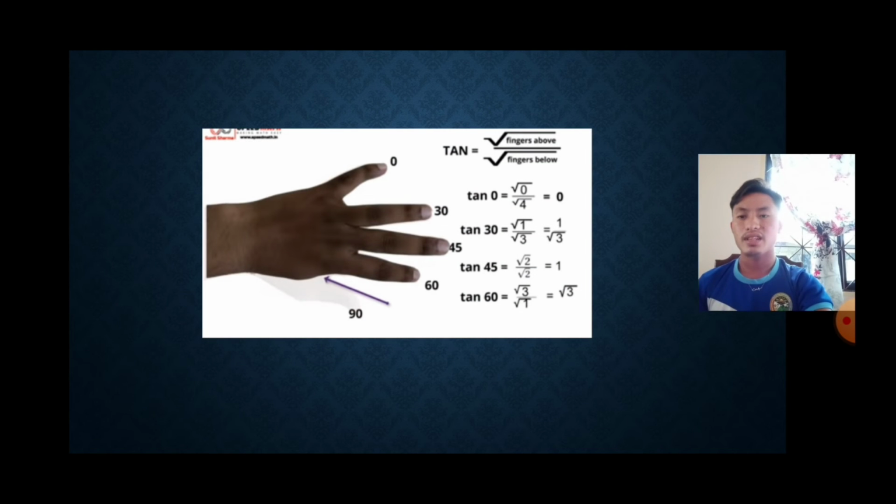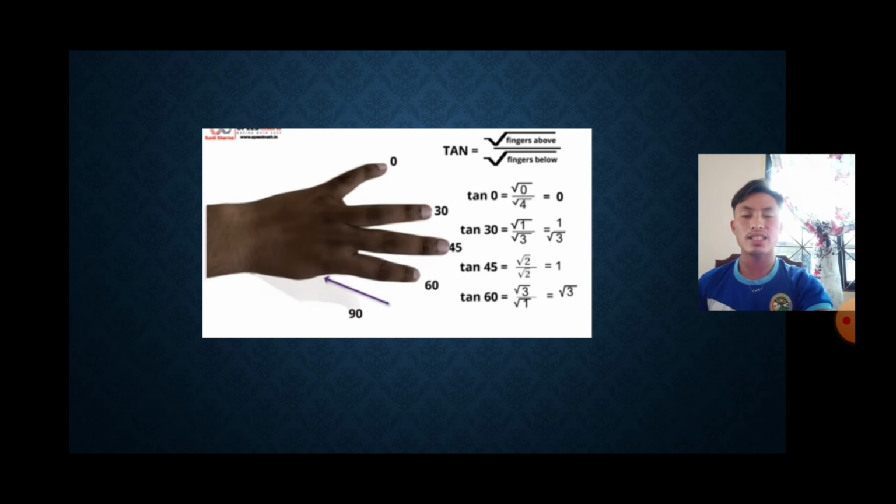And now, this image shows how to solve for the tangent. With the fingers showing 0, 30, 45, 60, and 90 degrees, we can solve the tangent of the angle of inclination. So tangent is equal to the square root of the fingers above over the square root of the fingers below.